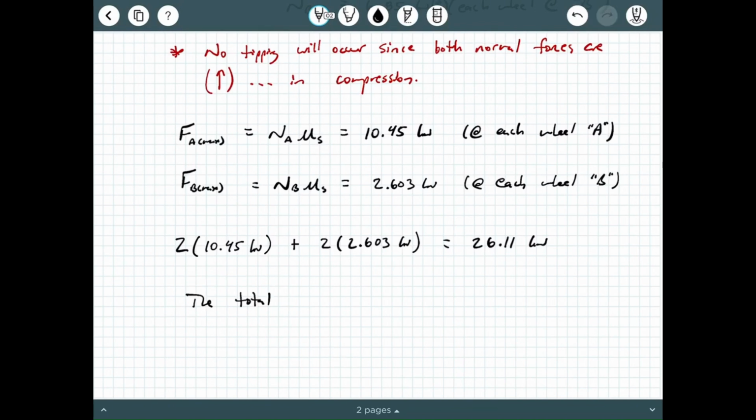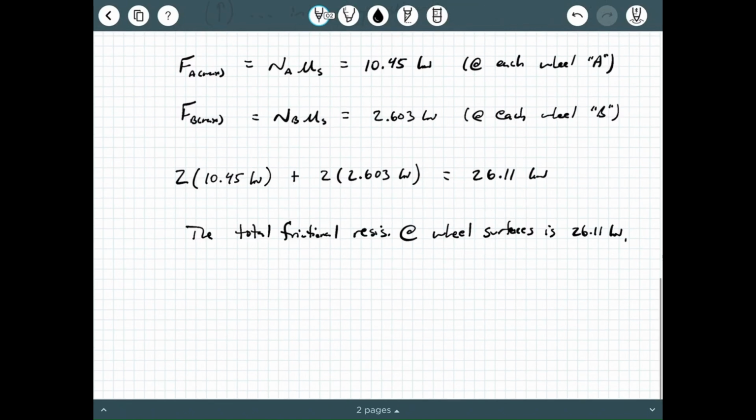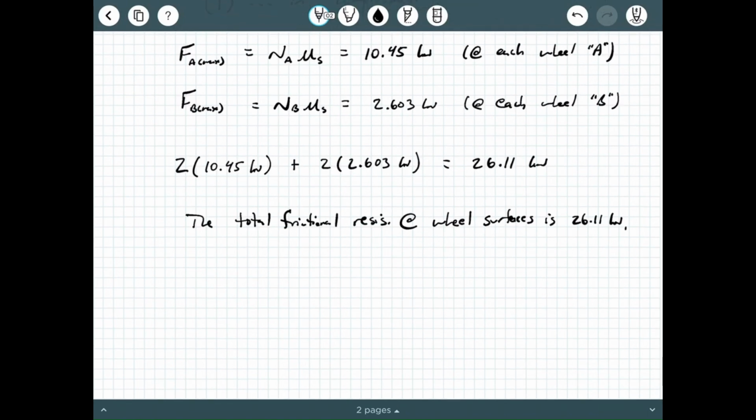Okay, so we're going to say, I'll write it in words, the total frictional resistance at wheel surfaces is 26.11 kilonewtons, okay? And again, that's for 4 contact surfaces, for wheels, okay?